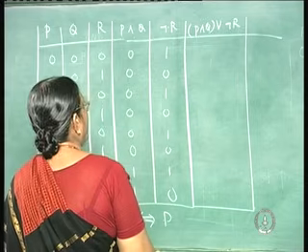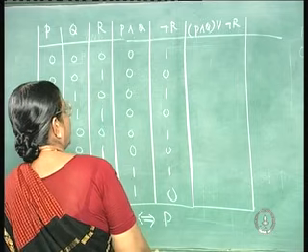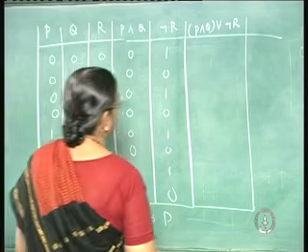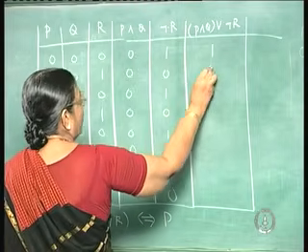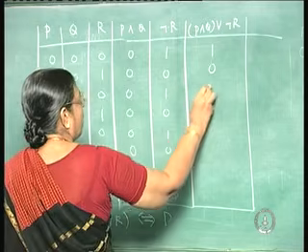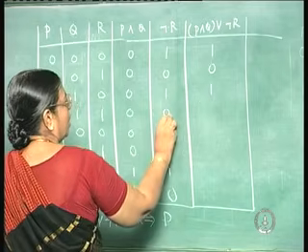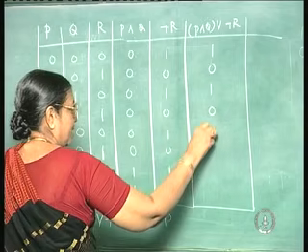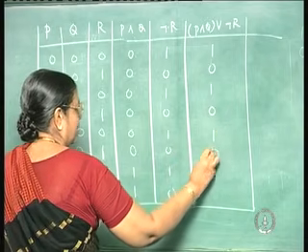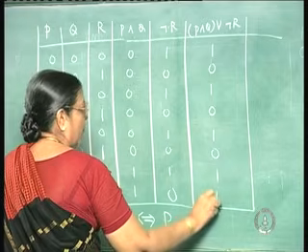When one of them is true, the result is true. When both of them are false, it is false. In these cases, in this case it will be true, in this case it will be false, true and true.